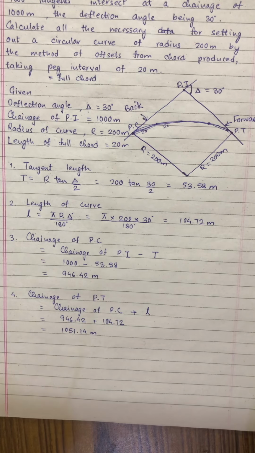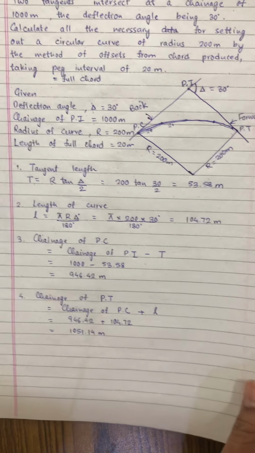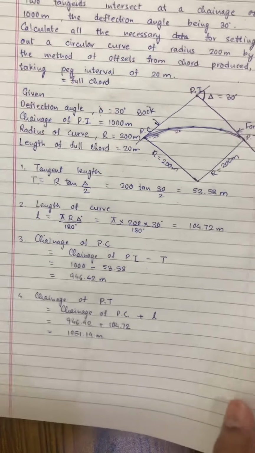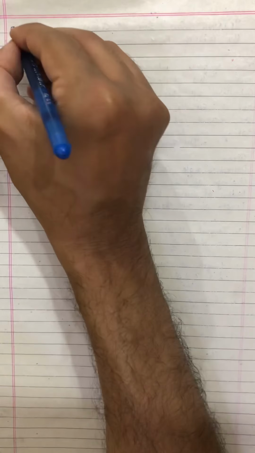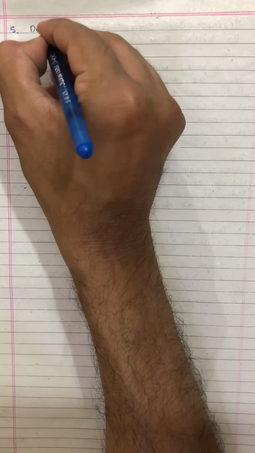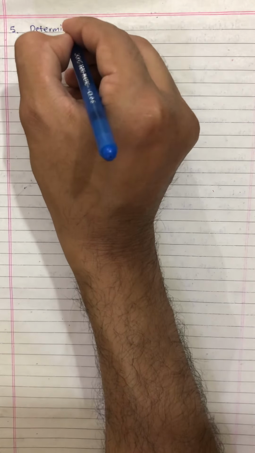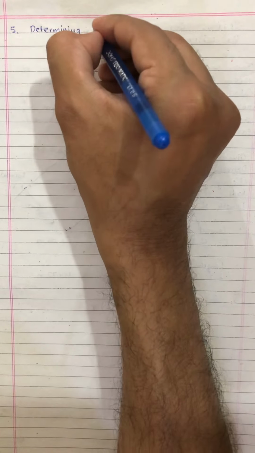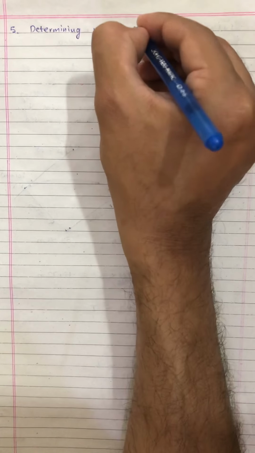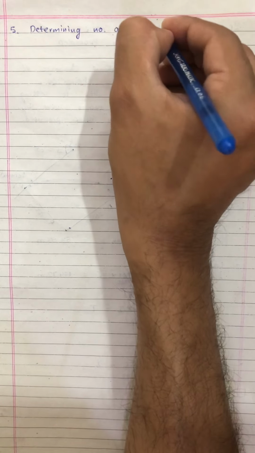Now we need to determine the number of chords. How are these number of chords determined? Our next step, the fifth, is determining the number of chords.